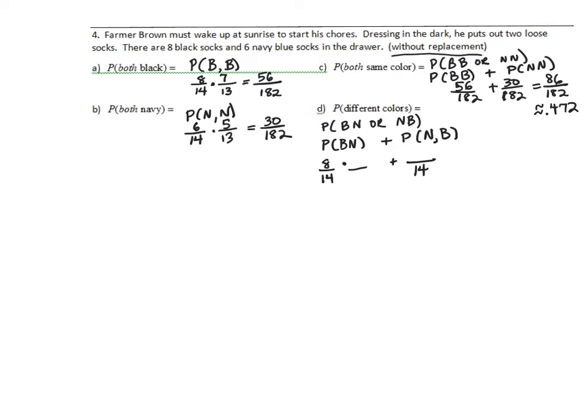Once he picks a black sock, there's one less sock in the drawer. But he still has 6 navy socks, because the navy socks are not touched. Then in the second probability, if the first sock is navy, that's 6 out of 14. But there's one less sock, and the black socks were not touched, so this is 8. So we get 48 plus 48 over 182.